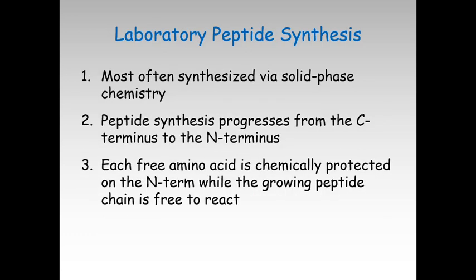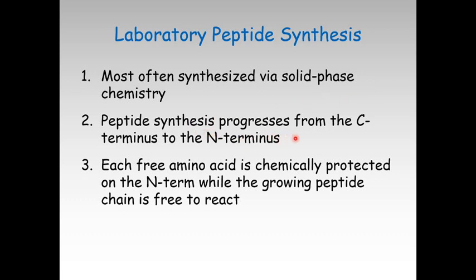The synthesis of short peptides in the laboratory is performed using a technique called solid phase chemistry. This involves a solid phase resin that attaches the C terminus of the peptide, and the N terminus keeps growing.